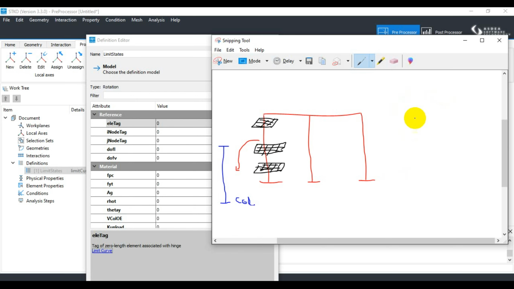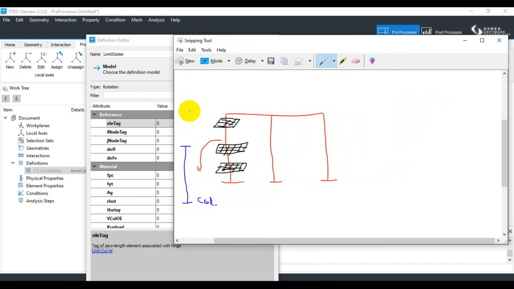If we are discussing this column's capacity, it will have limit states in terms of drift, force, rotation, curvatures and all those things.